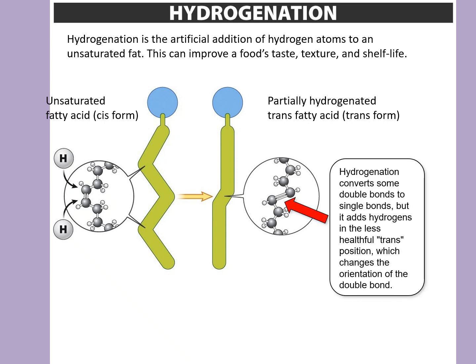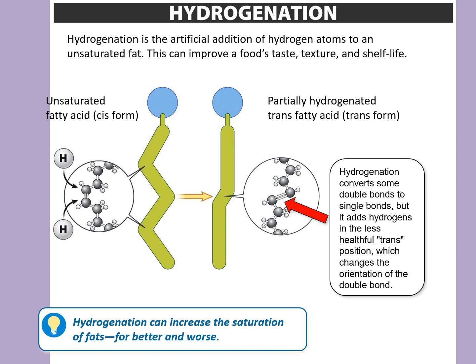Hydrogenation converts some of the double bonds to single bonds, but it adds hydrogens in the less healthful trans position, which changes the orientation of the double bond. So it can increase the saturation of fats for better and for worse at the same time.